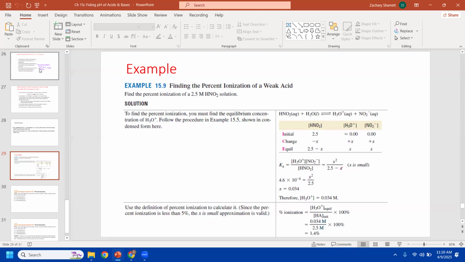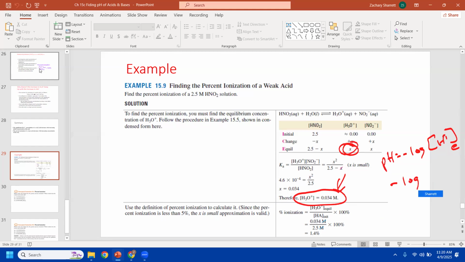We see what the H3O plus concentration is, so that's equal to x. So we have the H plus concentration is 0.034. So how would we calculate the pH? pH equals negative log of H plus concentration at equilibrium, which is what that is down here. So anybody do negative log of 0.034? What do we get for this?